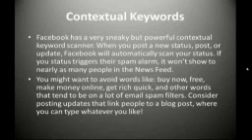And one thing that I want to clear up really quick is Facebook's contextual keyword scanner. Facebook has a very sneaky but powerful contextual keyword scanner. We were probably wondering what this is, but a contextual keyword scanner is Facebook's own way of scanning posts and statuses. They do it immediately, as soon as you post it.